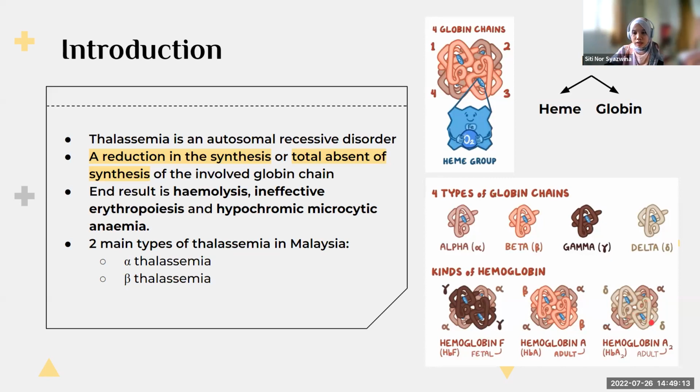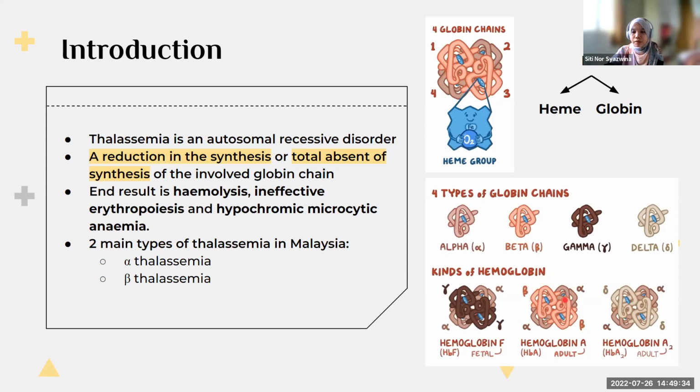And lastly, hemoglobin A2, which accounts for a small fraction of adult hemoglobin, is made up of 2 alpha and 2 delta. So, for example, in beta thalassemia major, where there is absolute absence of beta globin chain synthesis, instead of 2 alpha and 2 beta in the globin chains, now we have all alpha.